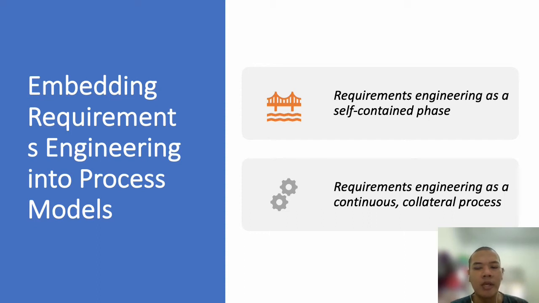Ponderous process models, for example, the waterfall model or the V model, aim at completely eliciting and documenting all the requirements early in the project, before any design or realization decisions are made.